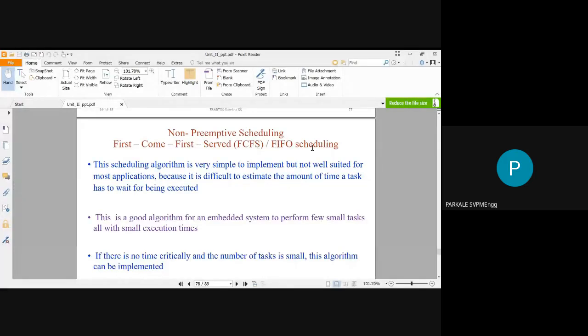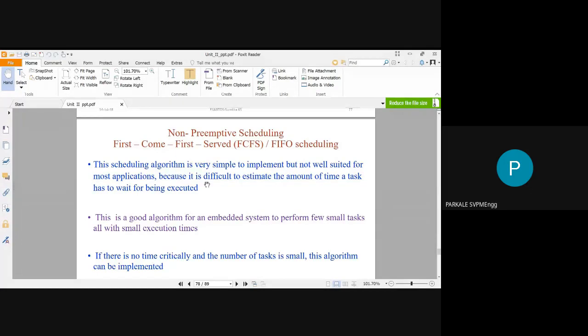It's very simple. I don't even need to explain it to you. We have four or five persons, and they are going to get some service. In most management, we have first come first serve kind of scheduling.